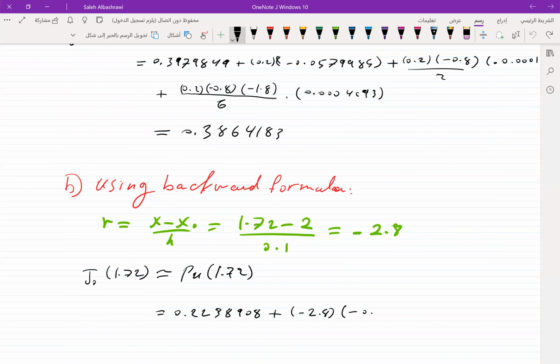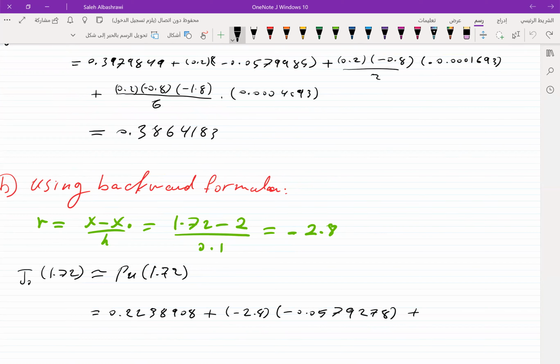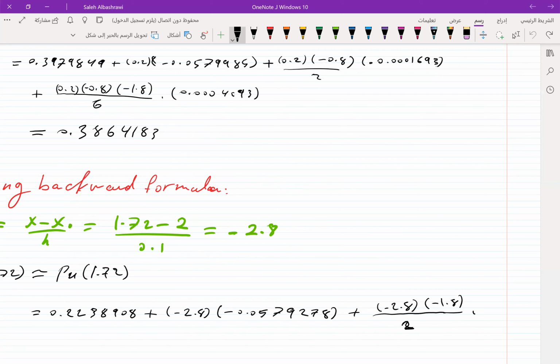It is minus 0.0579278, plus r times r minus 1. Minus 2.8 or plus 1, because for the backward it is r plus 1. That will be minus 1.8, multiplied by 0.0004.